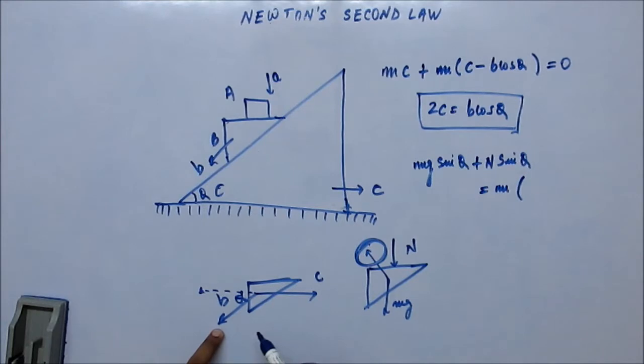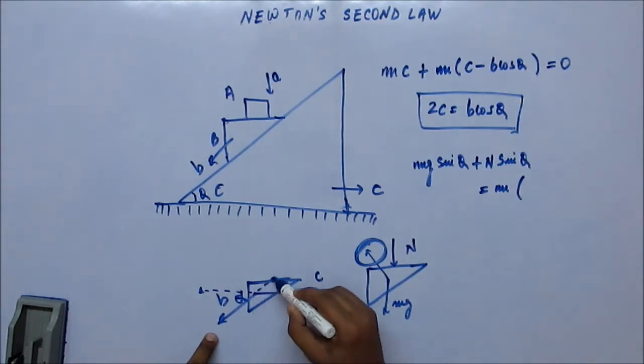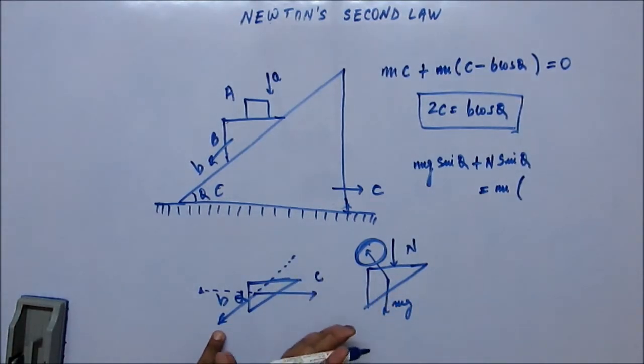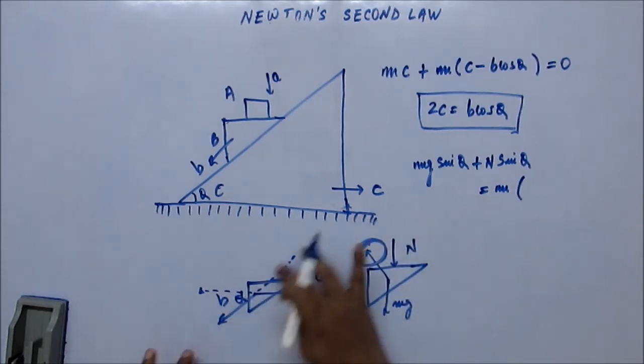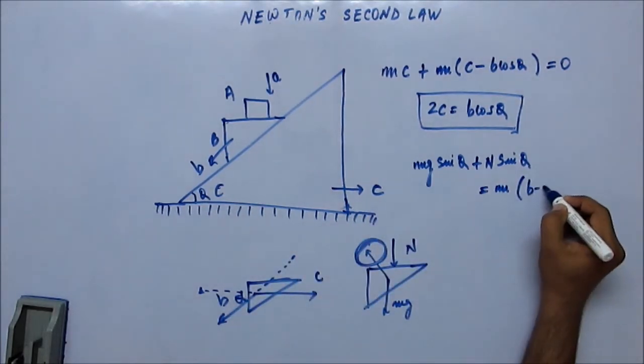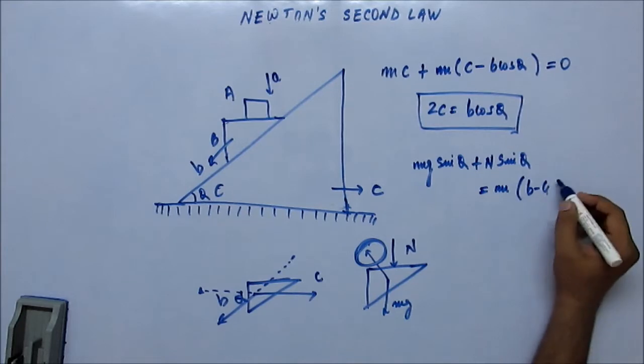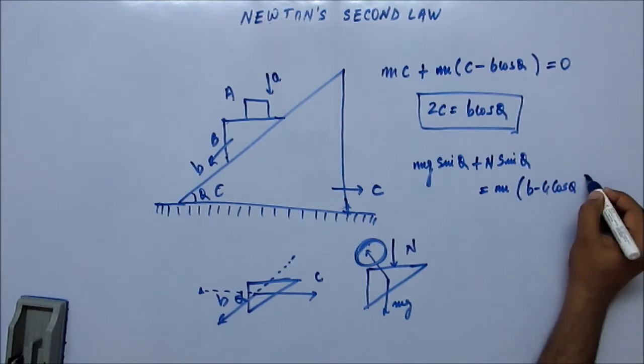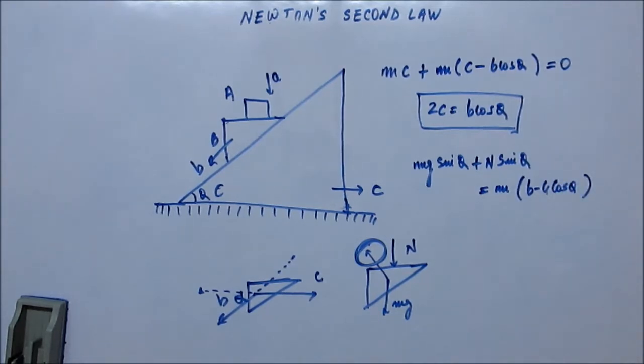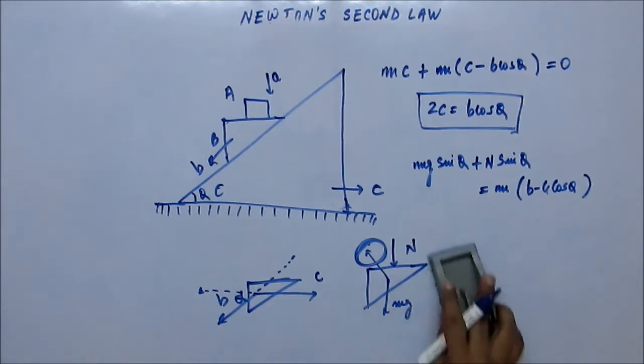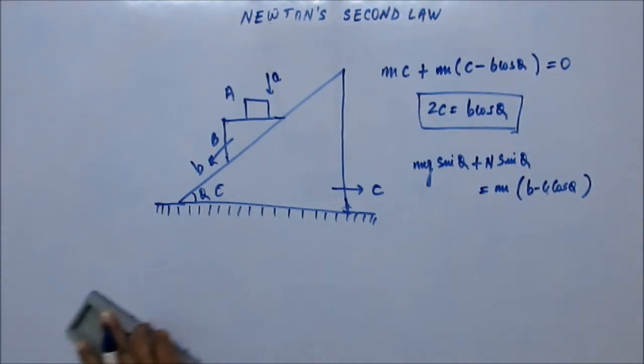So from here you will see this is the B vector and this is the C vector. In the ground frame, this is the acceleration of B. So the acceleration down the plane is B minus C cos theta, the net acceleration in this plane. Okay, so B minus C cos theta. Fine, so we have written the equation of motion for block B.